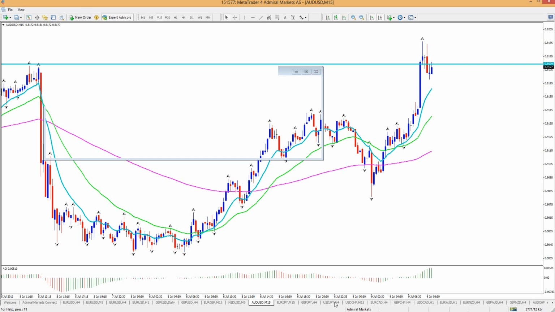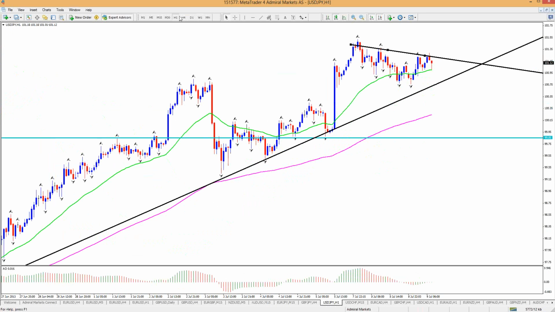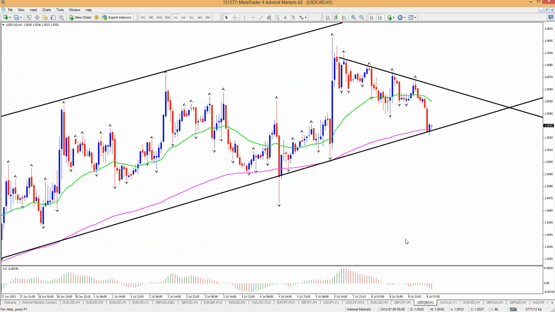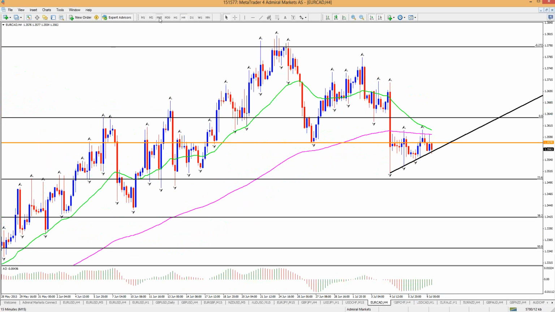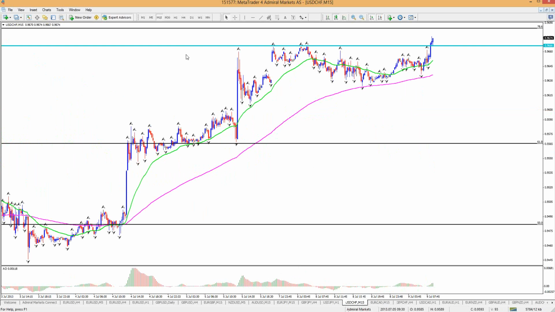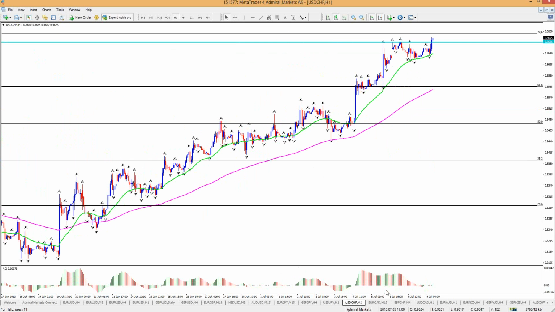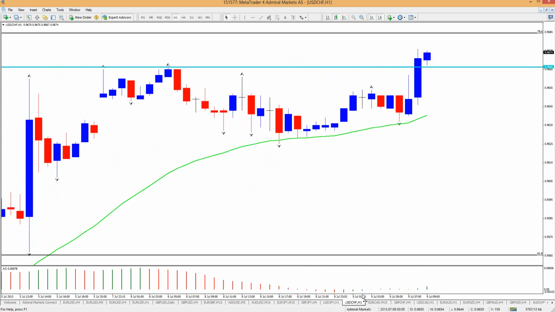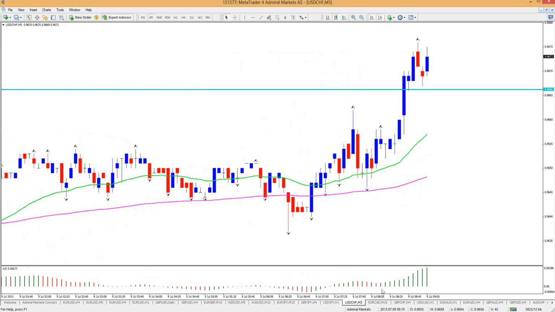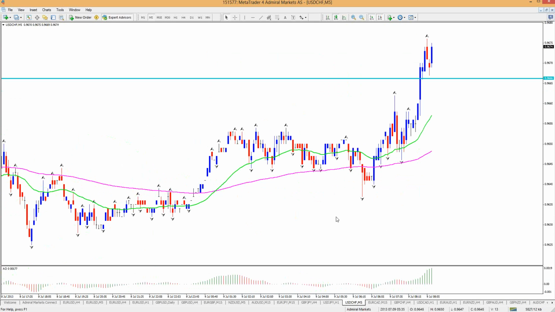Let me continue quickly with dollar yen and dollar CAD. Dollar CAD is still far from breaking that trend line, so that doesn't make sense. The euro CAD is bouncing at that trend line. Dollar Swissy. Dollar Swissy looks good.